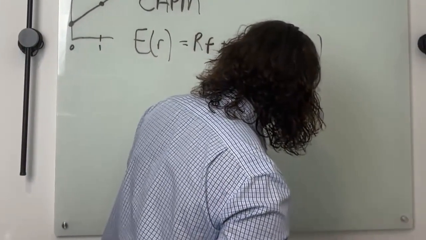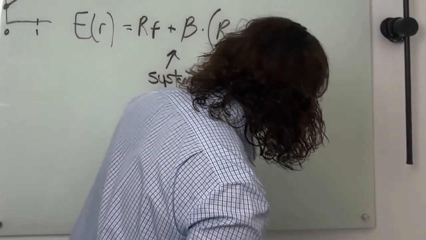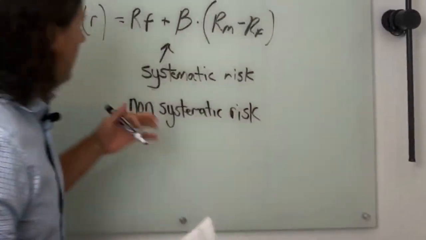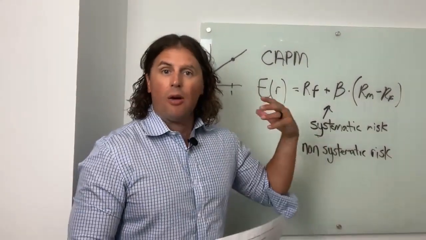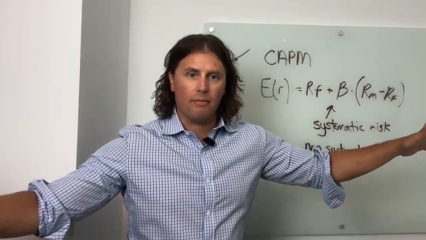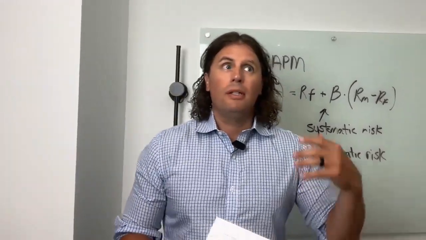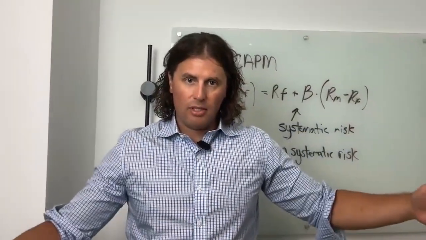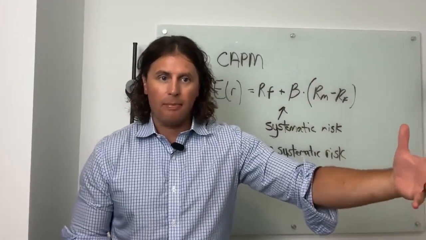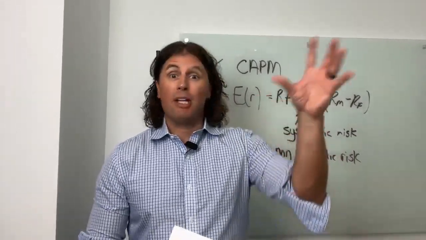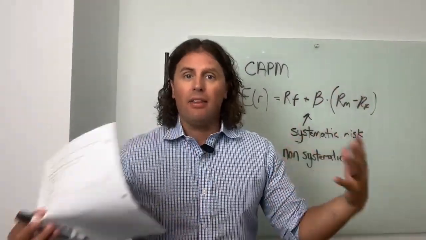The way I like to teach this is that systematic risks are risks that affect the whole system. When we think about taxes, that affects the whole system. If we think about inflation, that affects the whole system. Economic growth or lack thereof will have very widespread effects on the whole system.